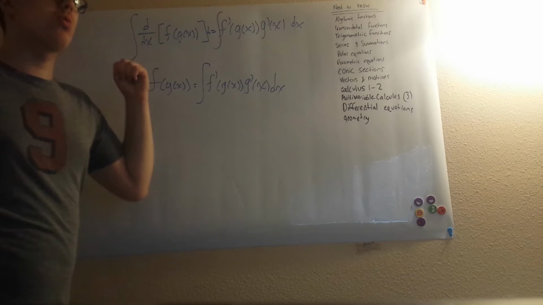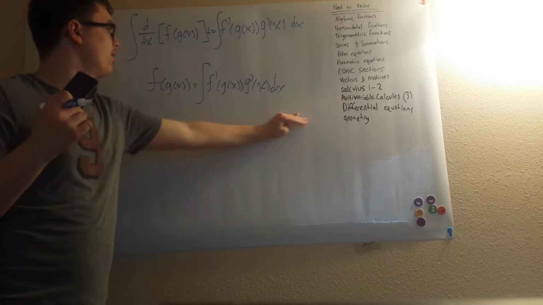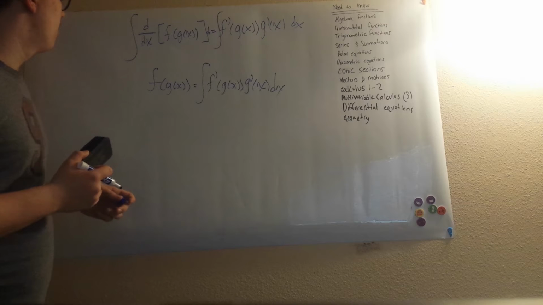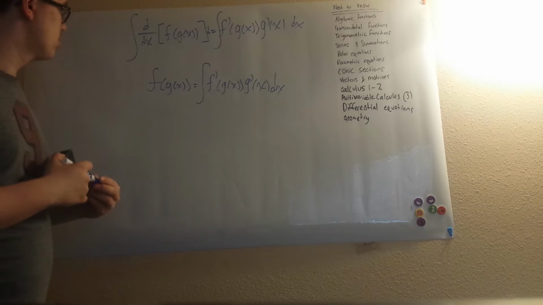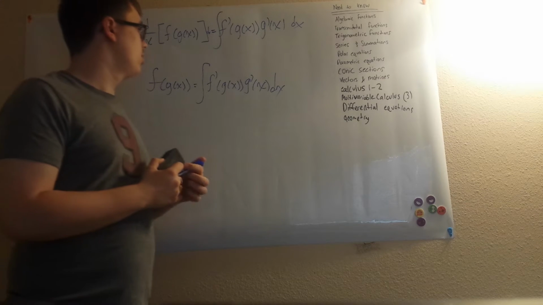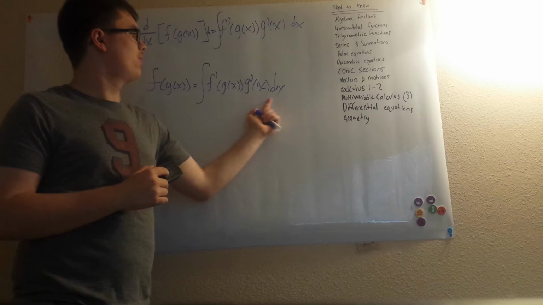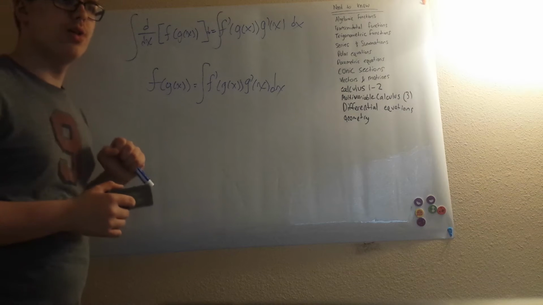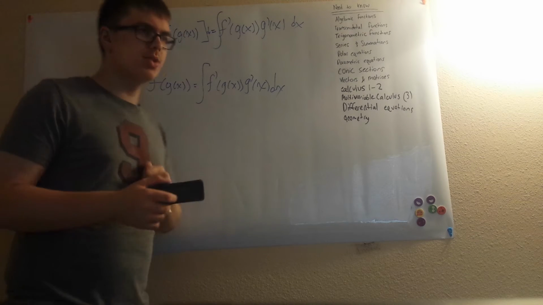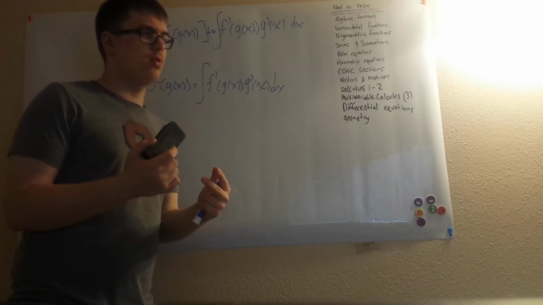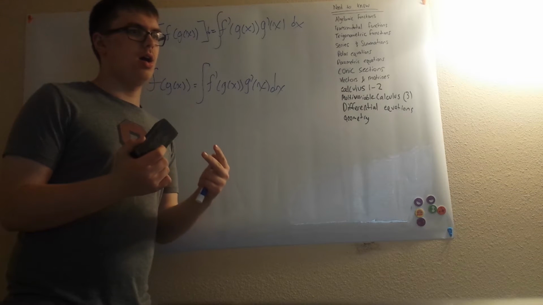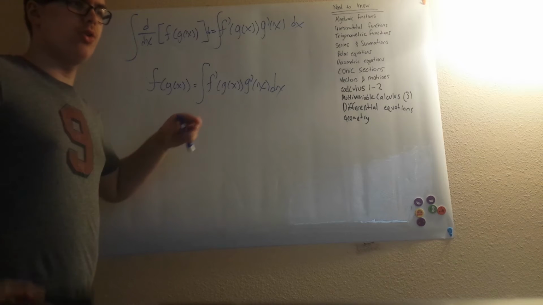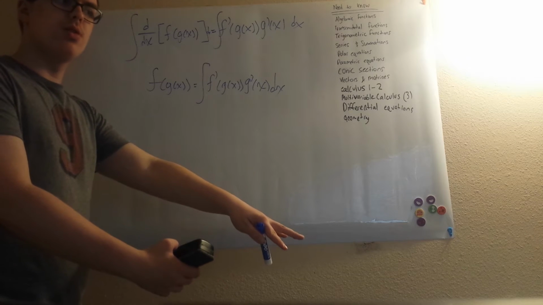But if you recognize this pattern, that if you have an integral with this form, with a composition, well, you know the integral: it's just f times the composition. And I'll tell you how to get here using substitution.